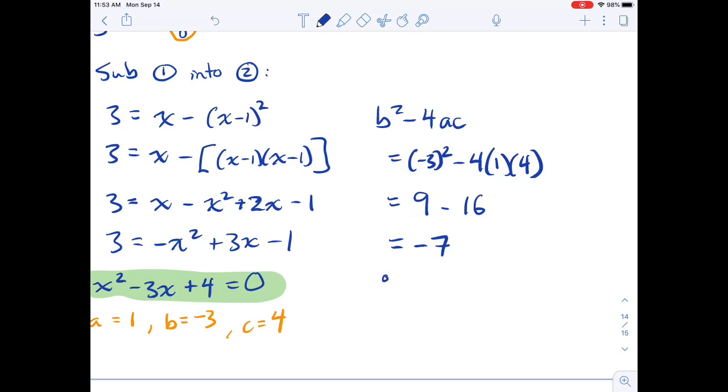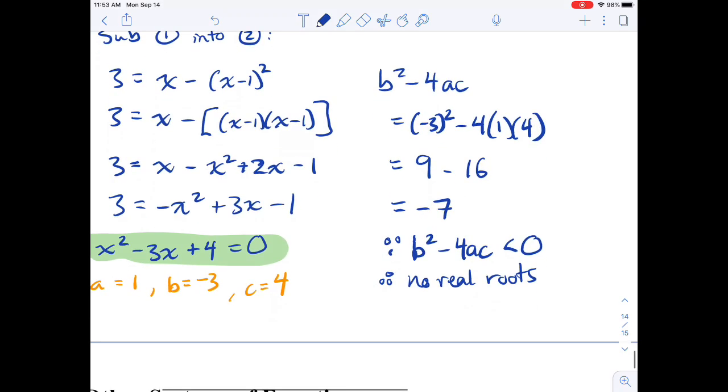So we can say, therefore, this discriminant value is less than 0. Therefore, this equation that we came up with has no real roots. But remember, that equation we came up with was really something we formed by combining the two relations together. So overall, this is saying, therefore, the line does not intersect the parabola.